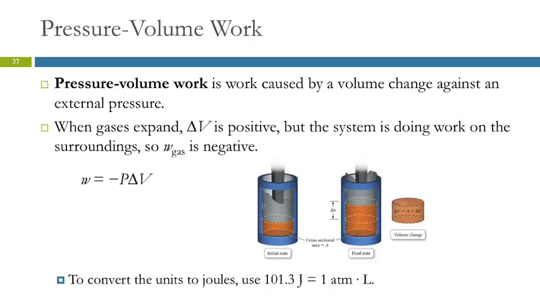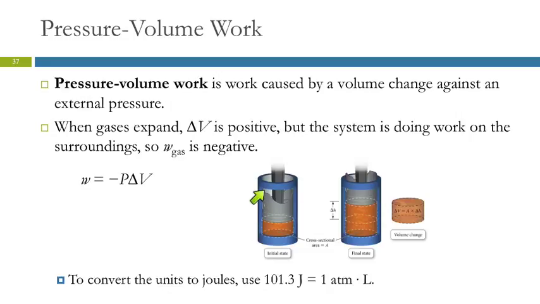Well, let's talk about work. We're going to do very little with work in chemistry, but this is one type of work we have to talk about. It's called pressure volume work. It's caused by a volume change against an external pressure. So when you have gases expanding in a piston, they're expanding against an external pressure, and so they are doing work on the surroundings.